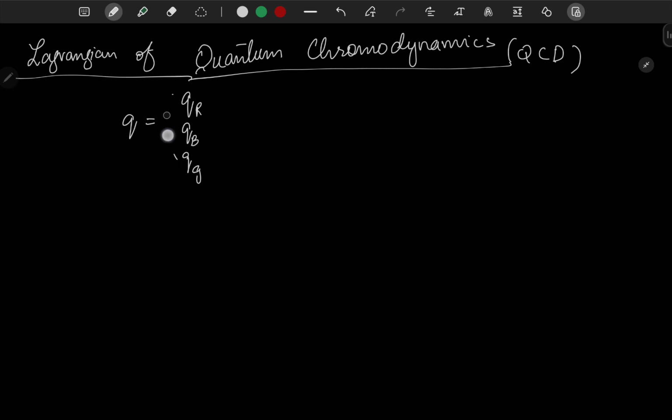Sorry about this sloppy writing or sloppy notations, whatever. Okay, so we will work in the color space, and quarks come in three different colors, and why three, because there is experimental evidence for the colors to be three.